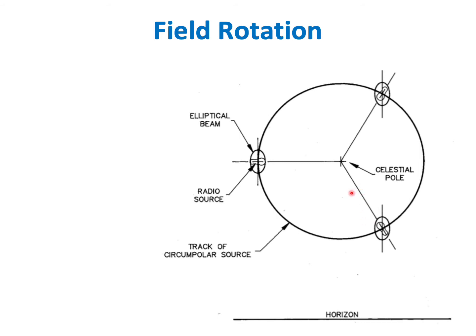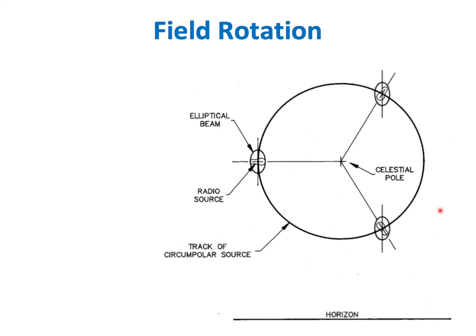Now, with the alt-az telescope, since the telescope dish itself never rotates, it just spins around in a circle and points up and down, you can see that the beam never rotates on the sky, but of course the source does. So the source rotates inside the beam. So again, this is what you need to correct for.